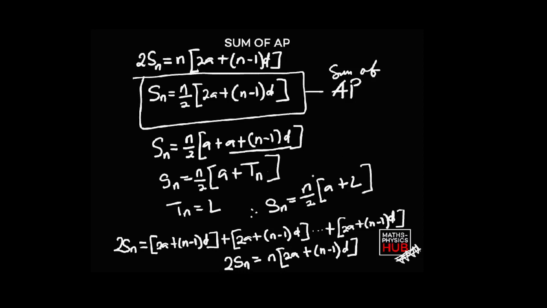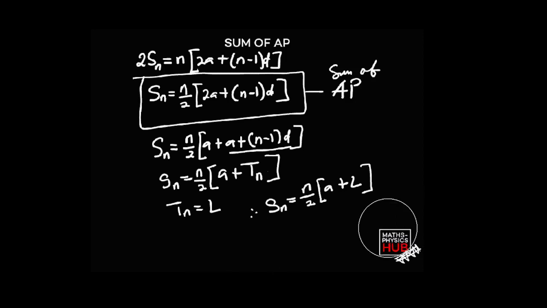So it means that if you are given a sequence where you know the last term and you are asked to find the sum of the terms in that sequence, you can use this particular equation. Why would you use this if you don't know the last term in the sequence?